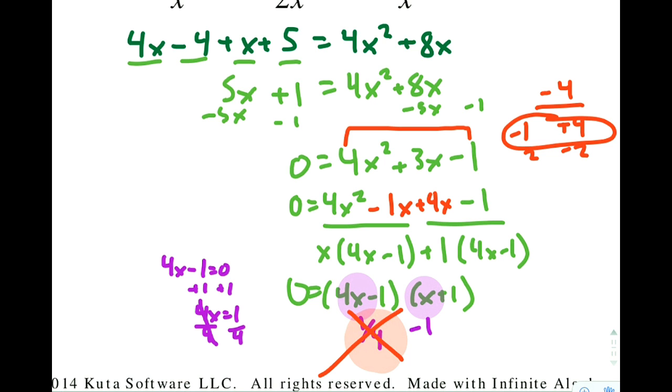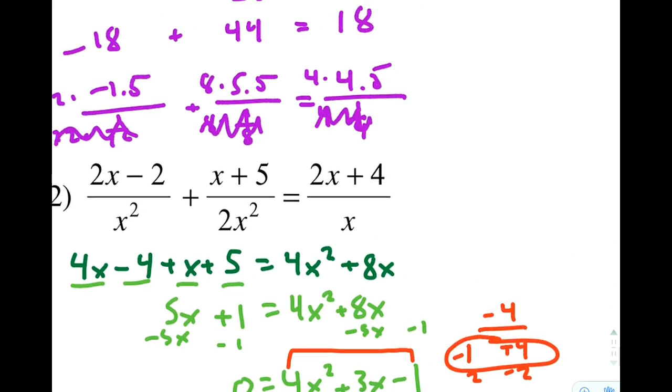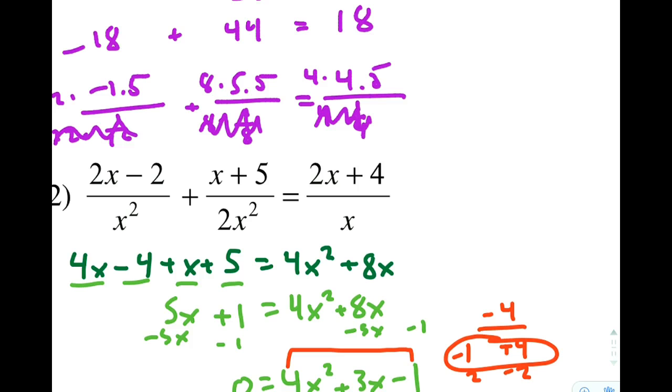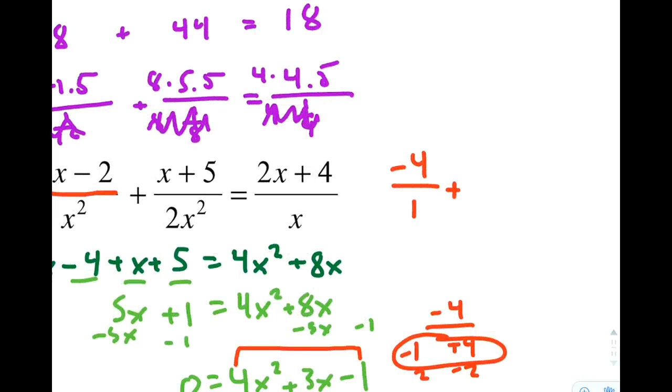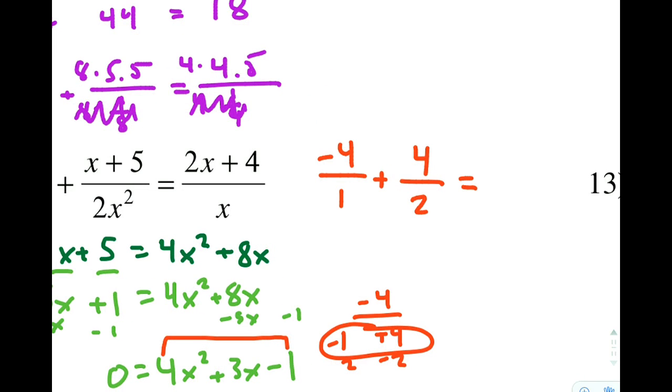Now we have to go through that whole process with negative 1. You can see how this can be a bit of a pain. We plug in a negative 1. I have 2 times negative 1, which is negative 2, minus 2, that's negative 4. Negative 1 squared is 1. Negative 1 plus 5 is 4. 2 times negative 1 squared, or 2 times 1 is 2. 2 times negative 1 is negative 2. Negative 2 plus 4, 2, over just negative 1.